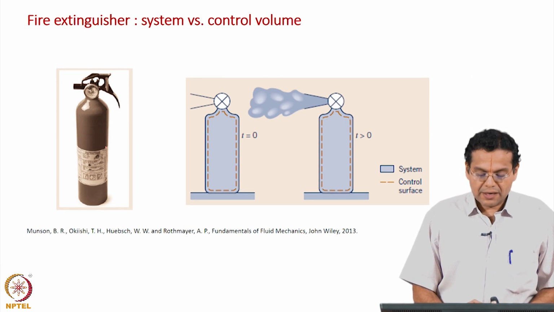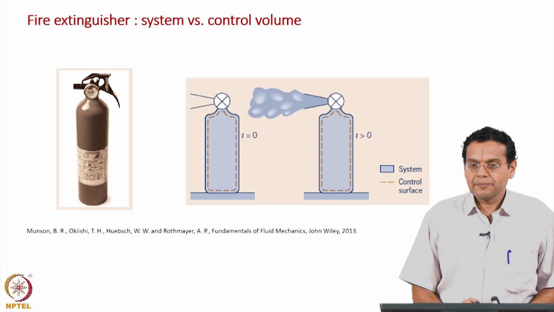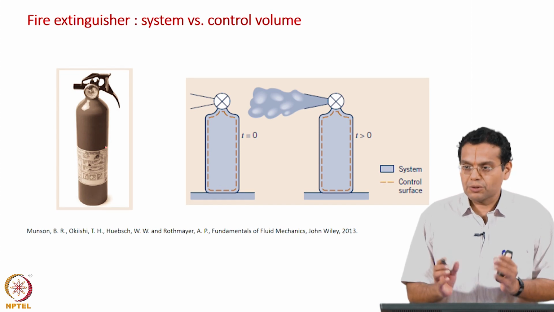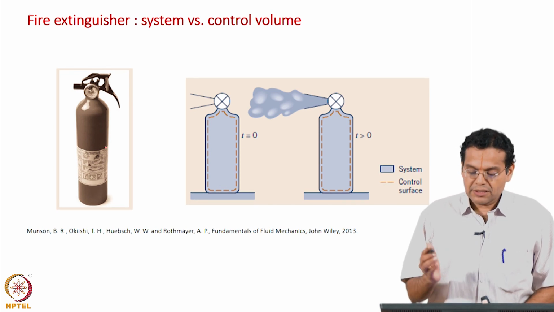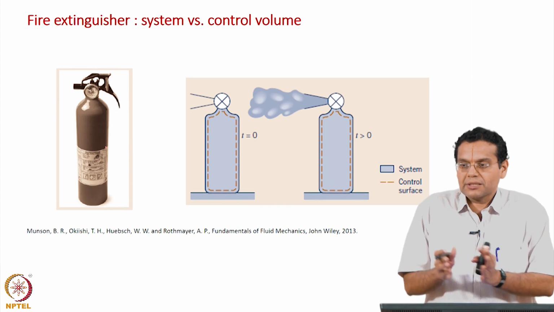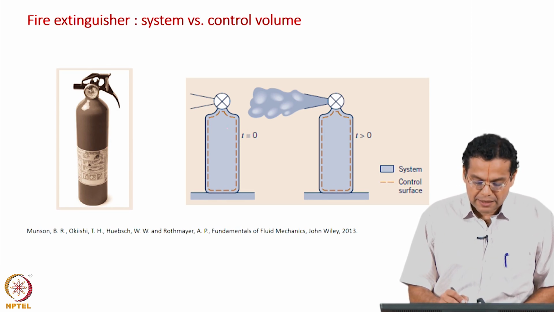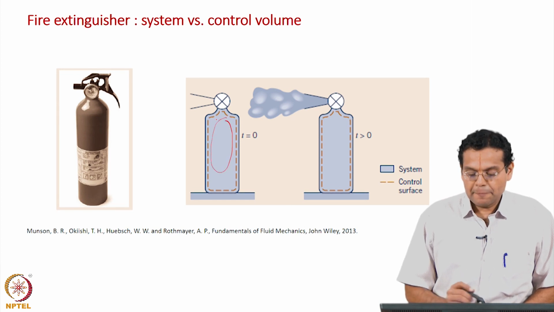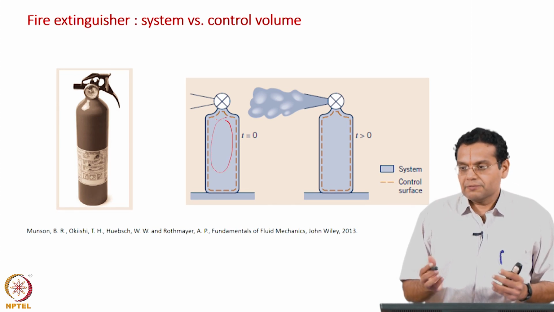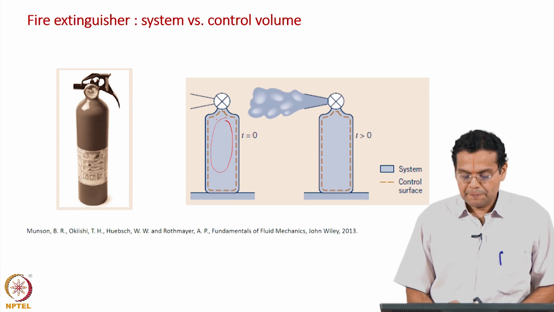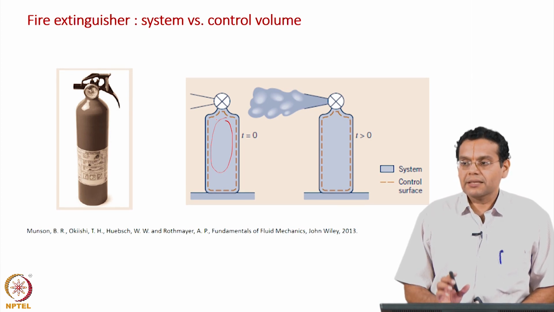Now, the fire extinguisher valve is completely closed, and then at time t equal to 0, earlier it was t and t plus delta t, let us say 0 and some other time later, I color the entire gas inside the cylinder with some, let us say red color or whatever color, and define that as my system.